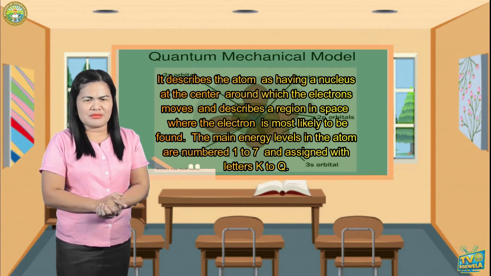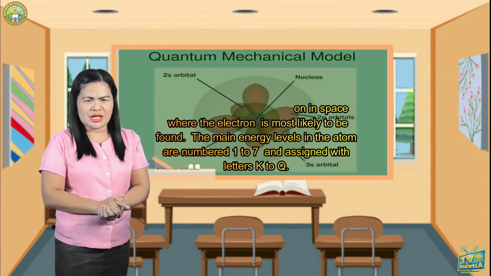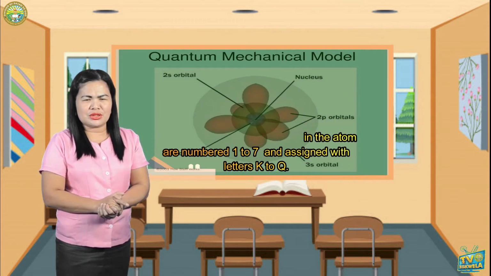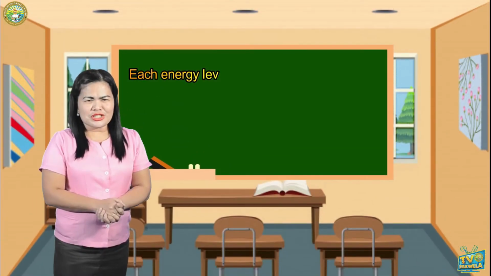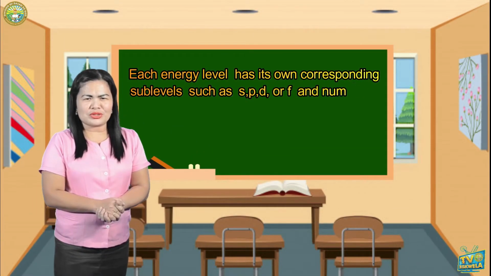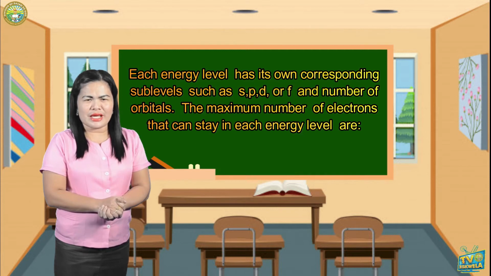The main energy levels in the atom are numbered 1 to 7 and assigned with letters K to Q. Each energy level has its own corresponding sub-levels, such as S, P, D, or F, and number of orbitals.